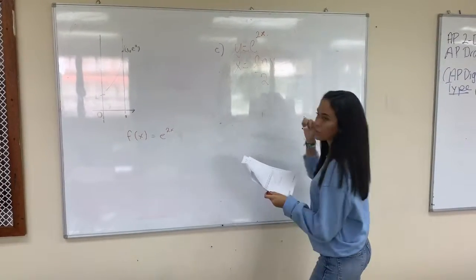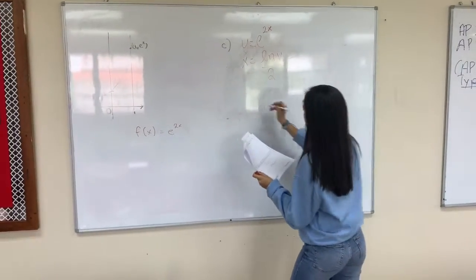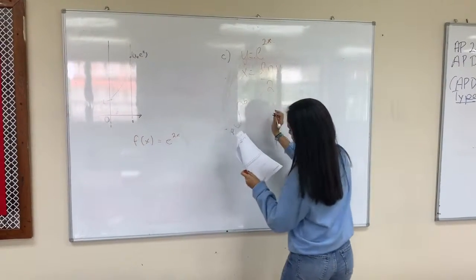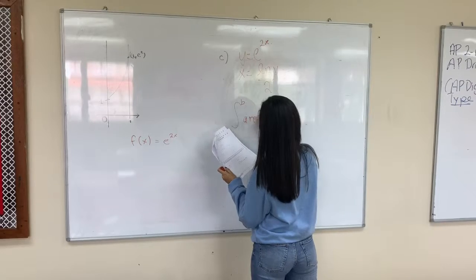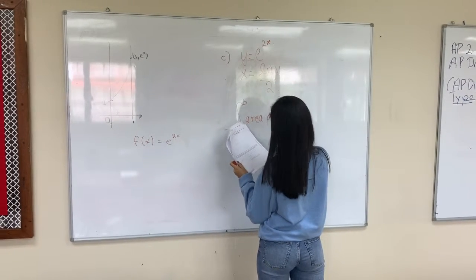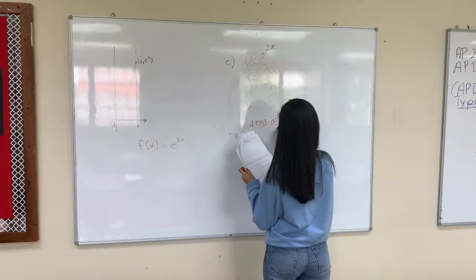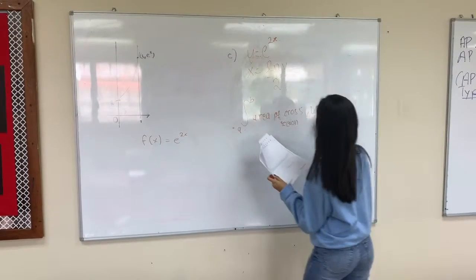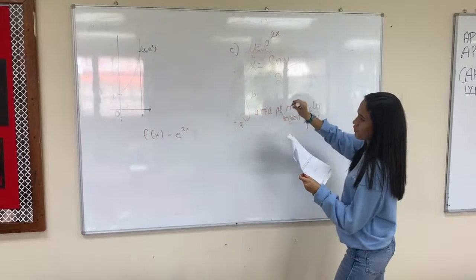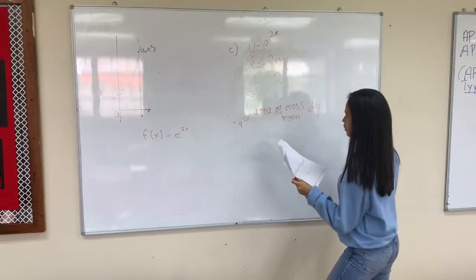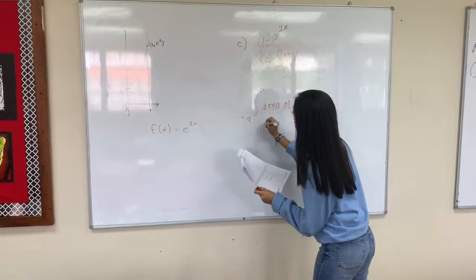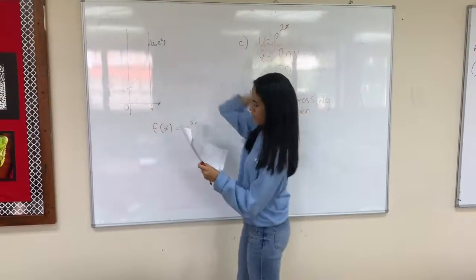After having this, you have to use the equation, which is this, the integral from a to b of the area of the cross section dy, because it's asking for cross sections perpendicular to the y-axis. And then you plug in the limits, which are 0 to e to the 2 because of this.